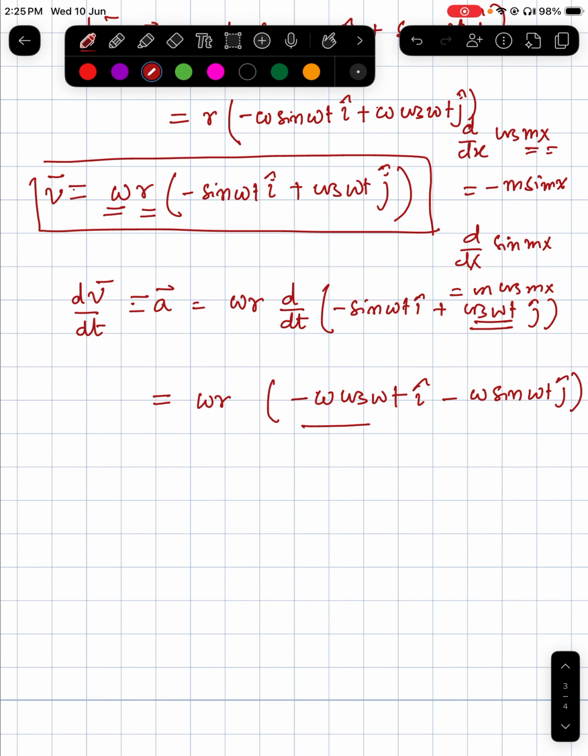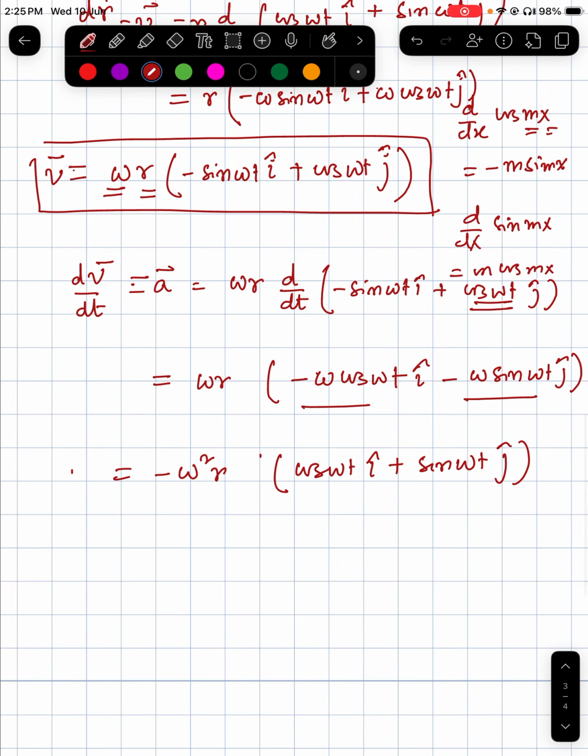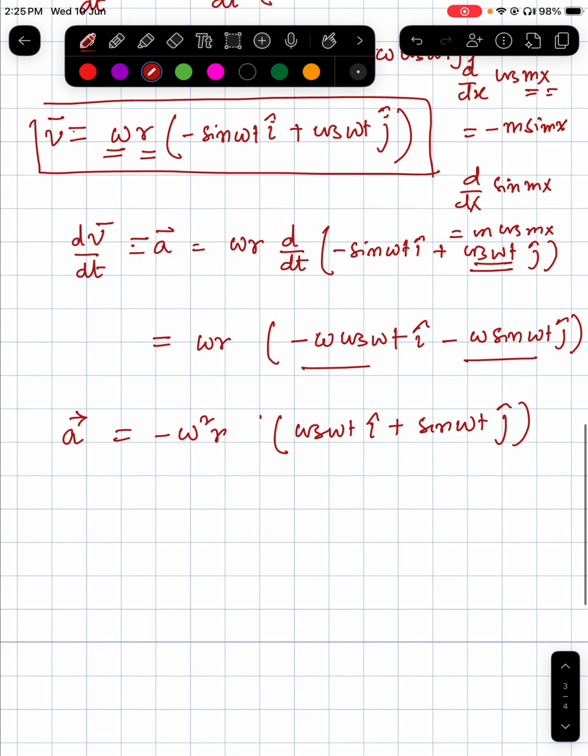Now since both terms contain omega, I can take minus omega common. So it becomes minus omega square r times cos omega t i cap plus sin omega t j cap. So this is the acceleration. We have found the acceleration. But surprisingly, we have seen a very important thing here.